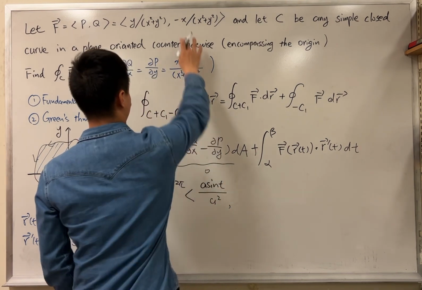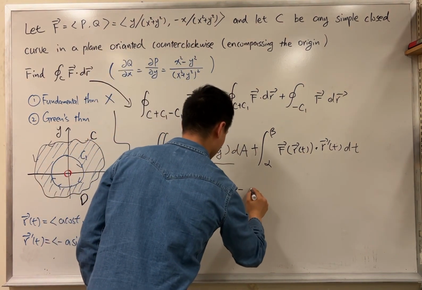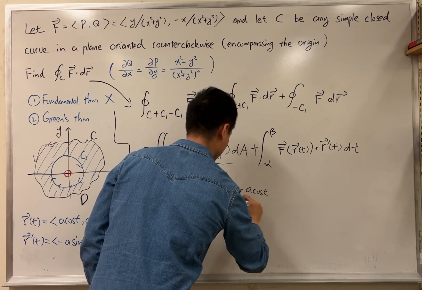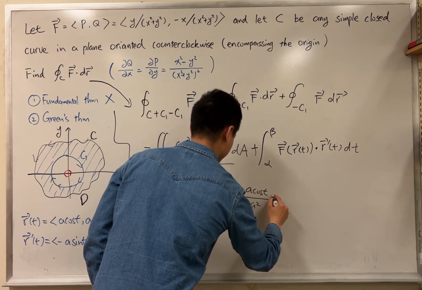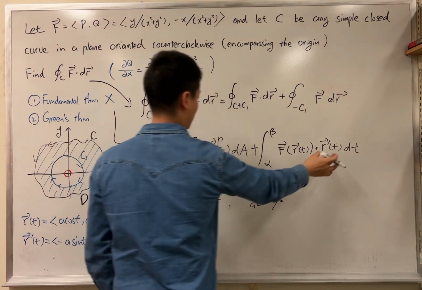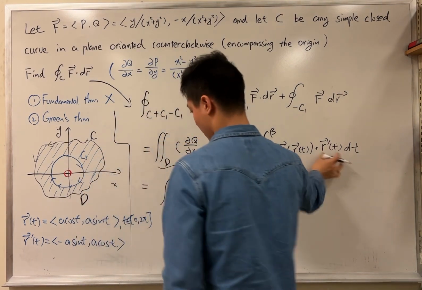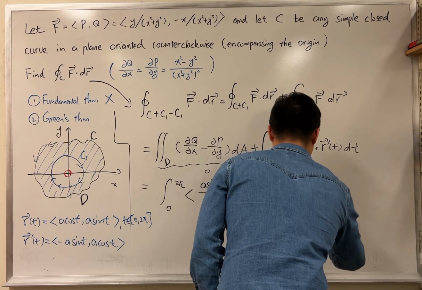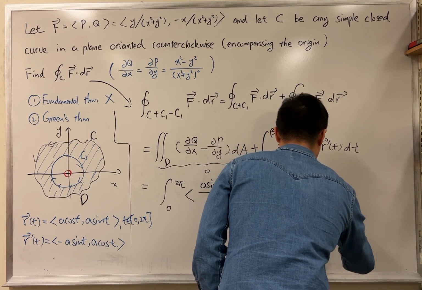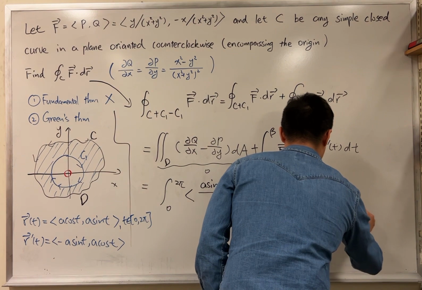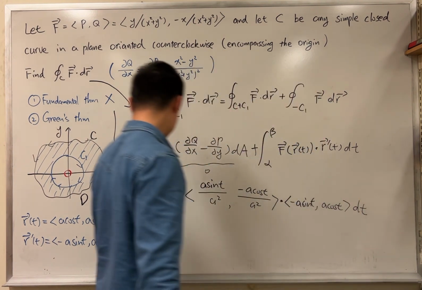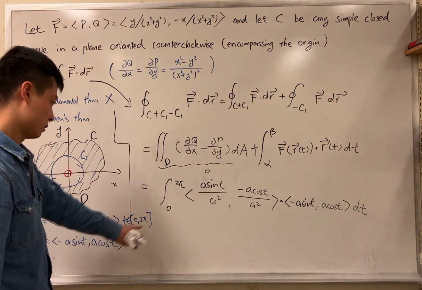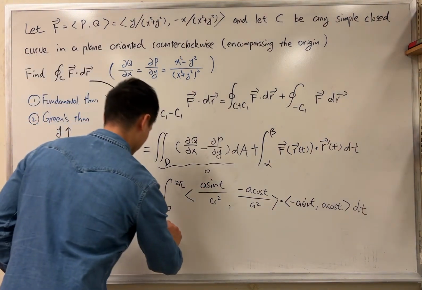And this is going to be dotted with r prime, which is negative a sin t, a cos t, dt. Then we do the dot product.